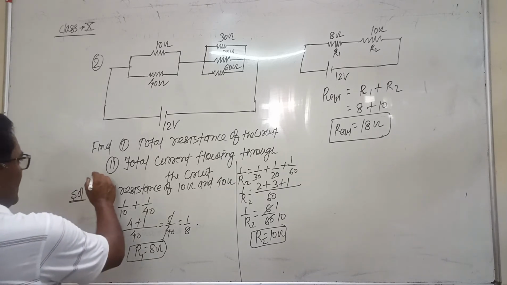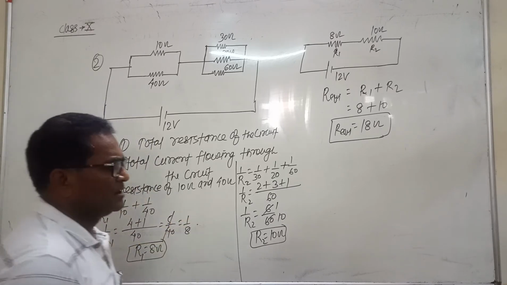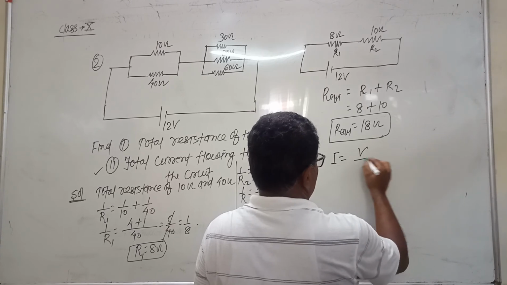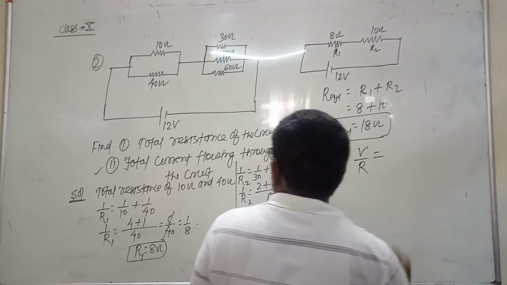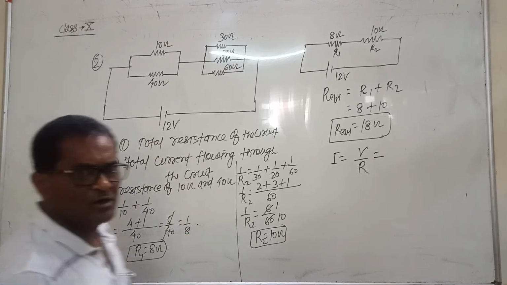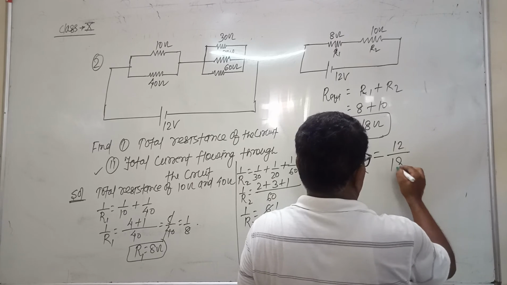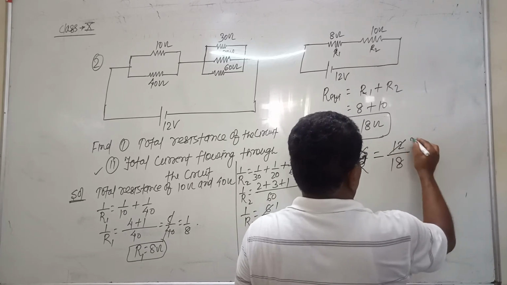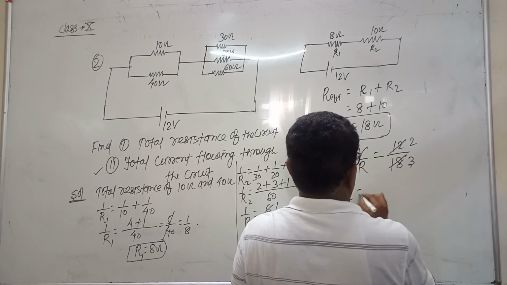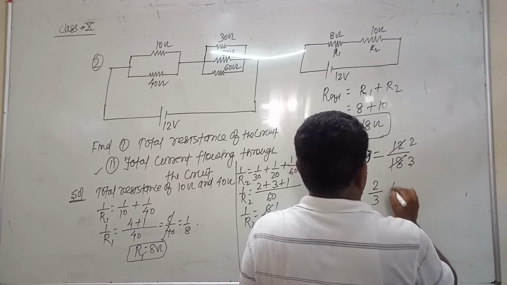Next we have to find the total current through the circuit. So we use the formula I equals V by R. V means potential difference, and the potential difference is 12 volt, and R total is 18 ohm. So this comes to be 2 by 3 ampere.